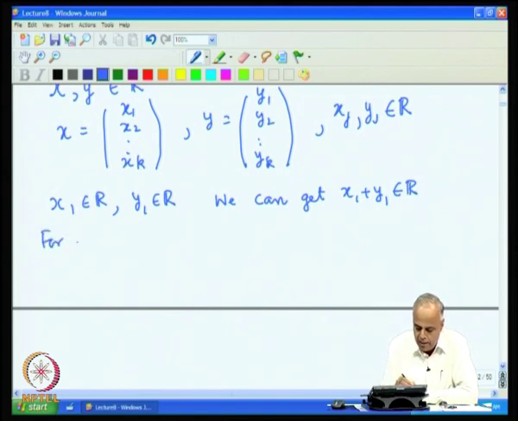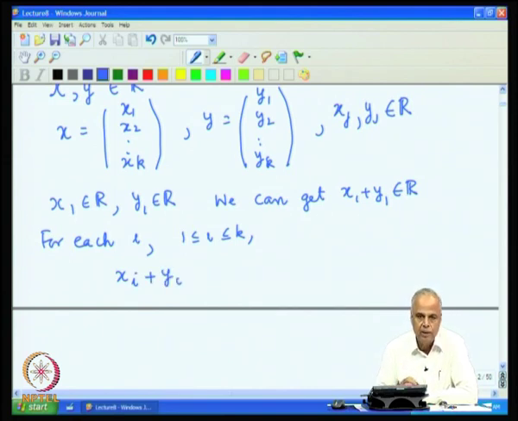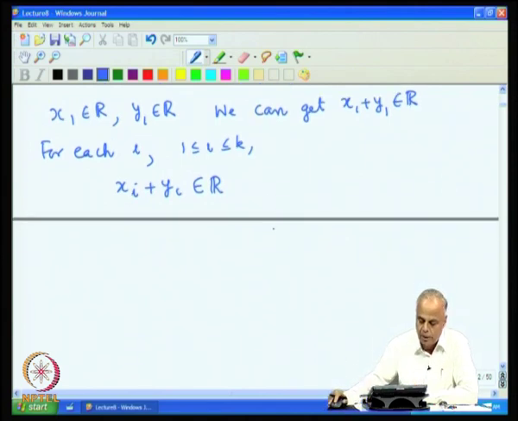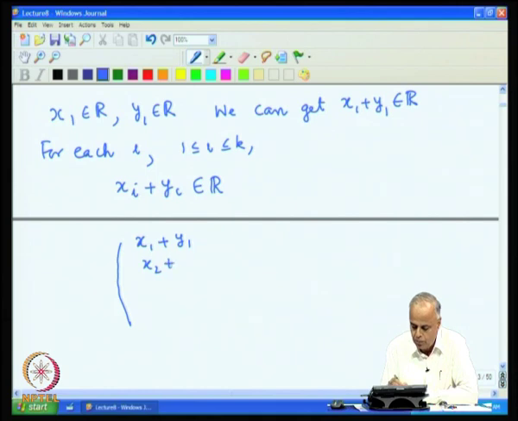So, for each i, 1 less than or equal to i less than or equal to k, xi plus yi is well defined, because xi is a real number, yi is a real number, and the sum of these two real numbers will again be a real number. Therefore, we have these k new real numbers, namely x1 plus y1, x2 plus y2 and so on, xk plus yk. Now, we form a column matrix whose entries are these sums.